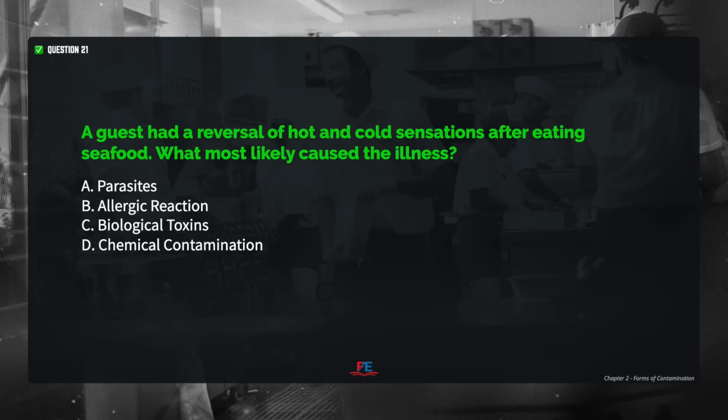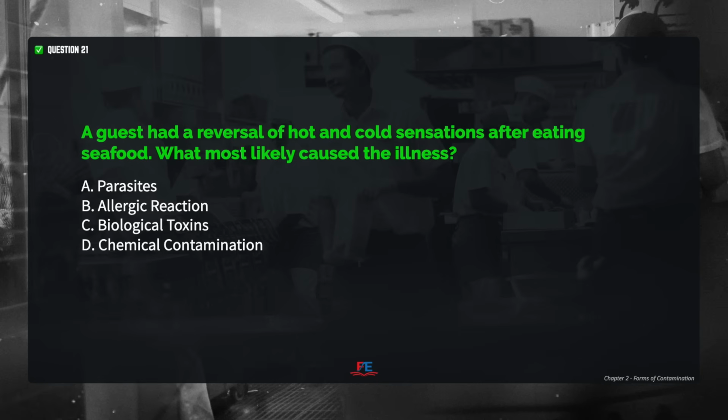Question 21. A guest had a reversal of hot and cold sensations after eating seafood. What most likely caused this illness? A would cause digestive issues, not temperature confusion.